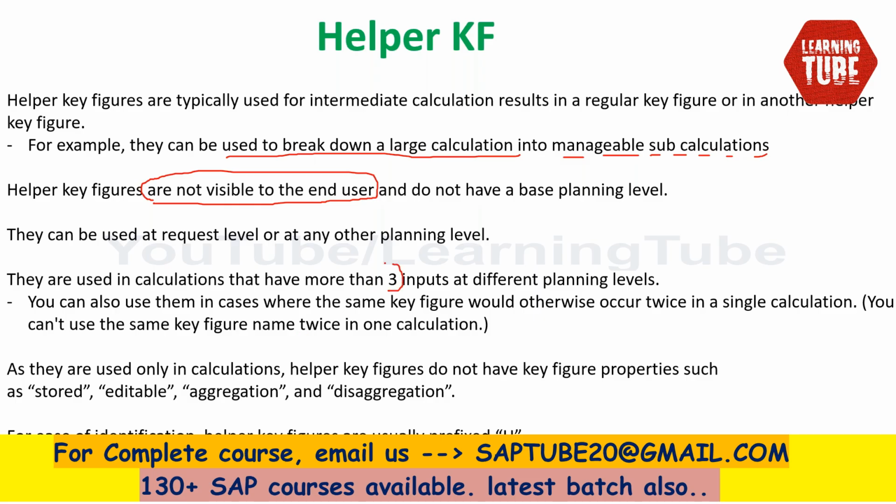So it is saying 3 inputs, but we gave 4 inputs, right? But still it took. So it is saying you cannot use the same key figure twice in one calculation.